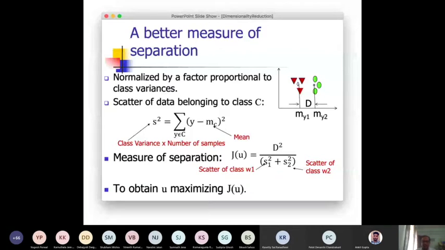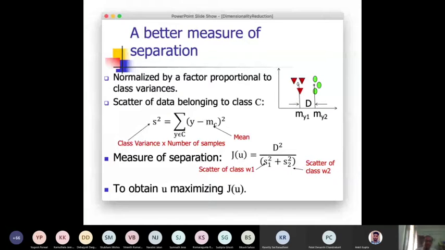Unit direction, unit vector, in whatever way you define it, it is basically a unit vector. That should maximize this particular measure, which is expressed as a function of u, this direction.